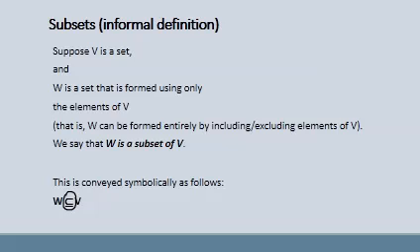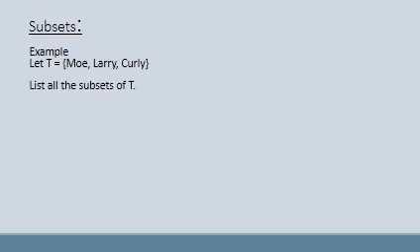Let us take an example. T, which is {Mo, Larry, Curly}. List all the subsets of T. I'm going to write Mo alone is a set. Larry alone is a set. Also, Curly alone is a set.